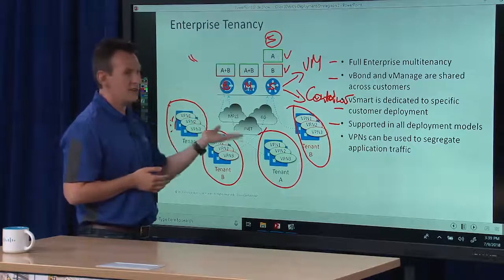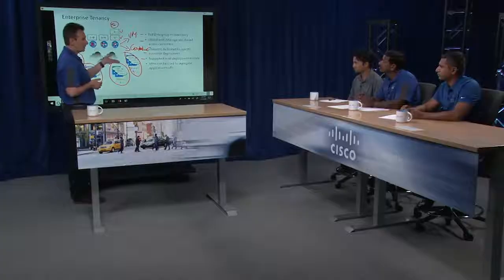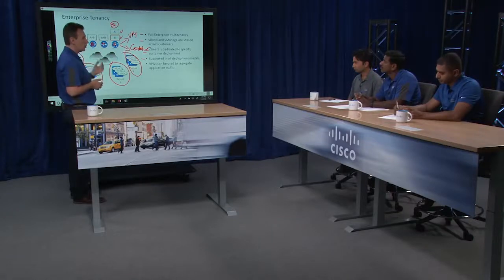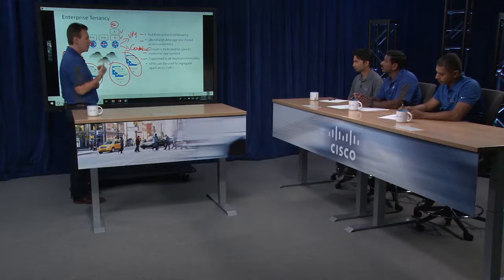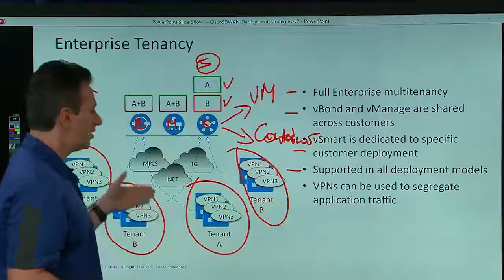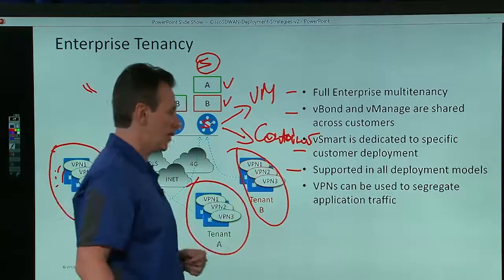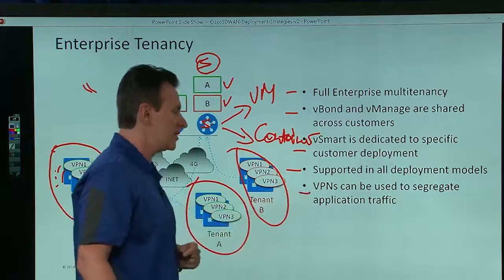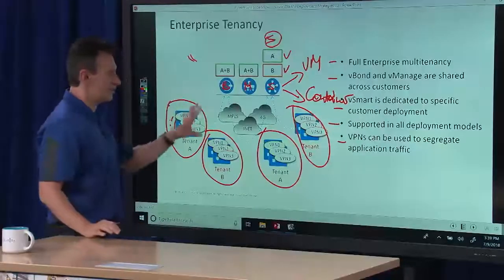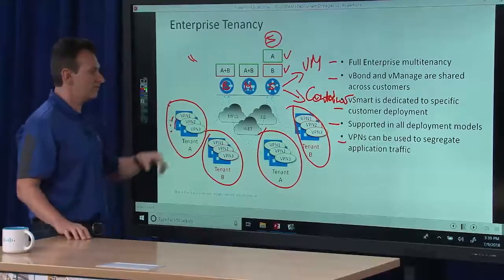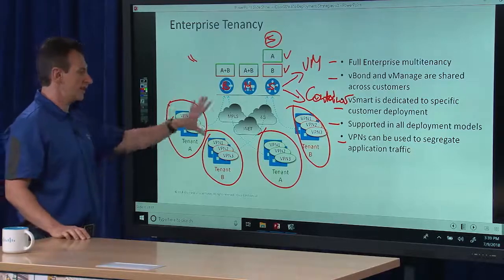They can operate this as a single tenant, multi-tenant, or a mix of both. And a customer who wants to treat their organization as tenants and treat themselves as the service providers can also launch this approach in their own on-prem deployment. And again, VPN segregation is something which we see prevalent in all the deployment models, but again, a layer on top of the multi-tenancy.